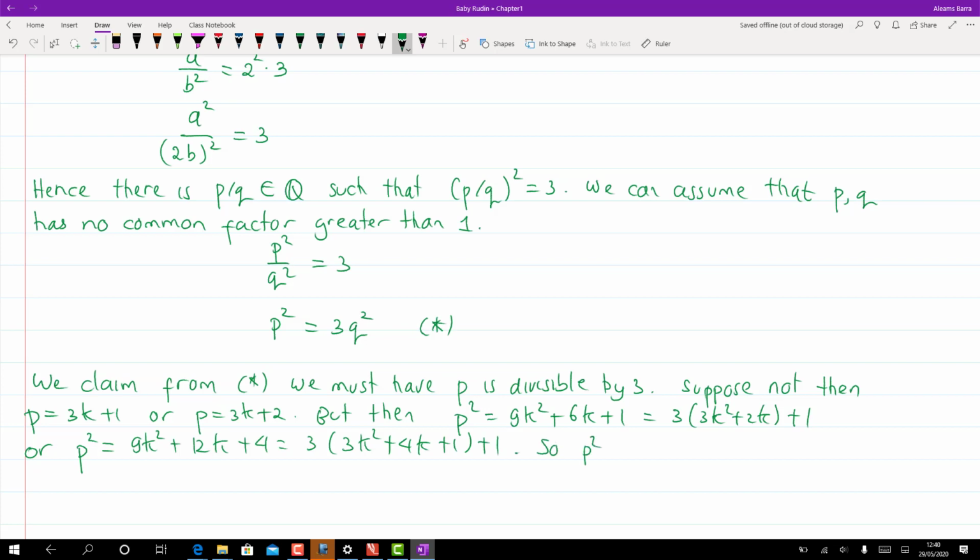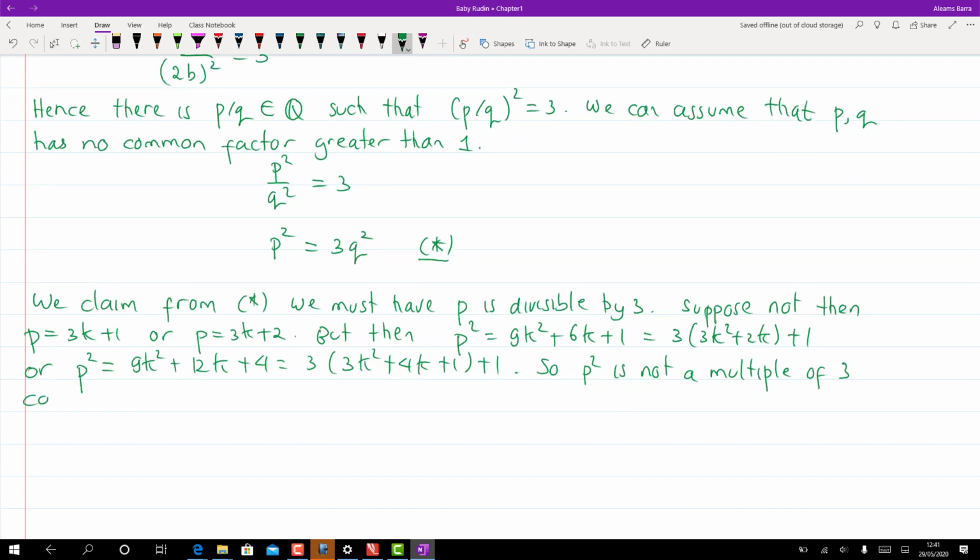So p squared is not a multiple of 3, which contradicts star. Therefore p is divisible by 3.